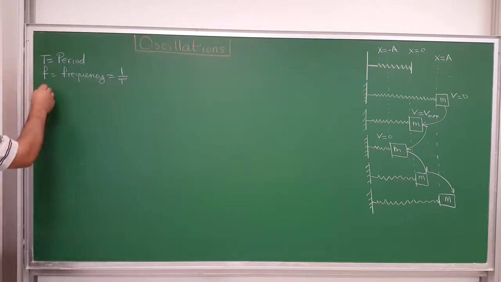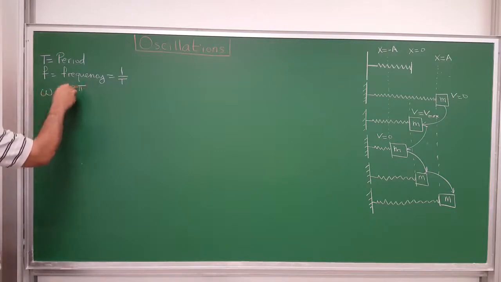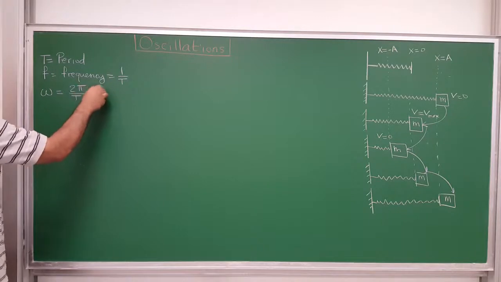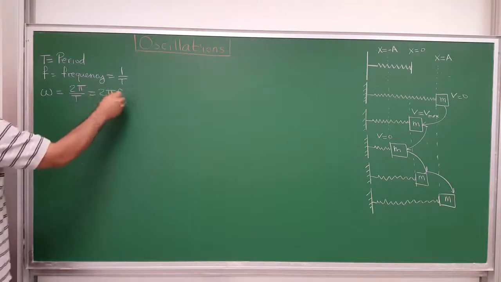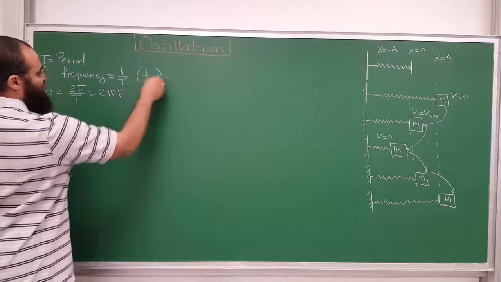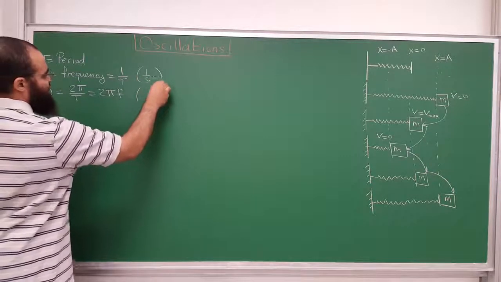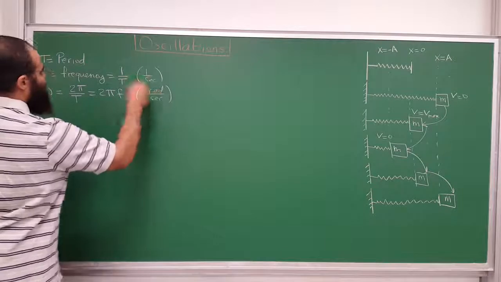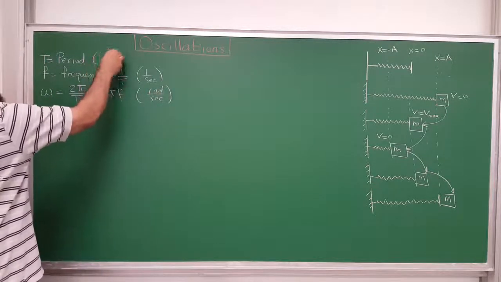Here we will have angular frequency called omega, and it will equal 2 pi over the period, and it is equal to 2 pi times f. Omega is in radians per second, f is in 1 over seconds, and the period is in seconds.